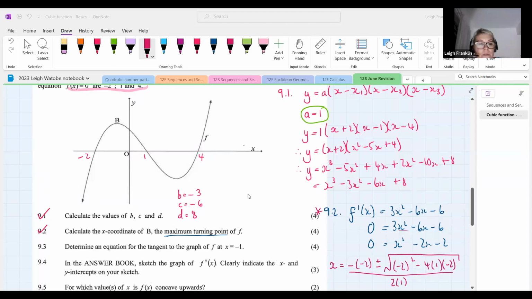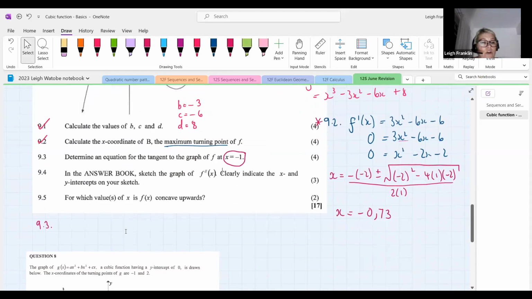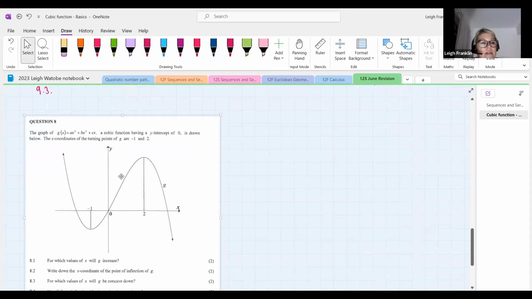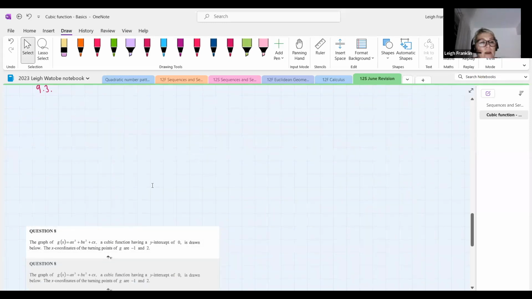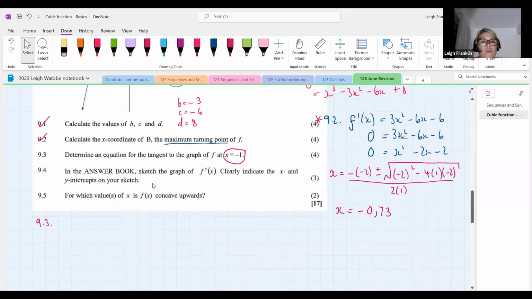So what they are giving us is the x coordinate at the point of tangency. When you are calculating the equation of a tangent, you need the gradient of the tangent, you need the x coordinate at the point of tangency, and you need the y coordinate at the point of tangency.